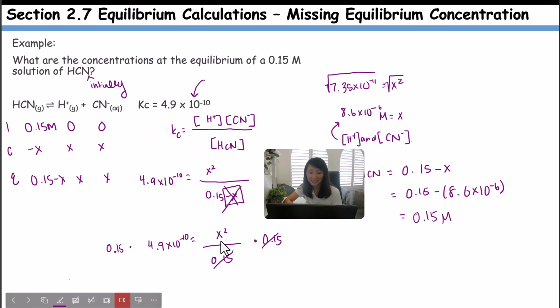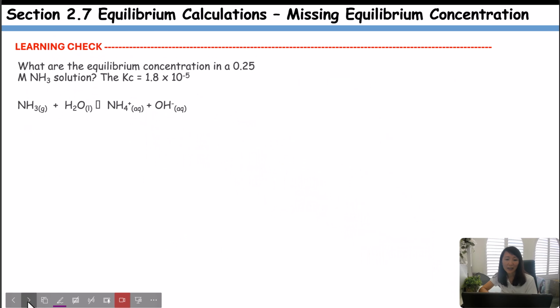All right, let's go into the next learning check here. And this one, I'd like for you to try on your own. What are the equilibrium concentrations in a 0.25 molarity NH3 solution? So that's how much it started initially, okay, for NH3. And then it gives you the Kc value. Now notice that the Kc value is also very small. So when do you determine the turning point where you can start ignoring that negative x value?